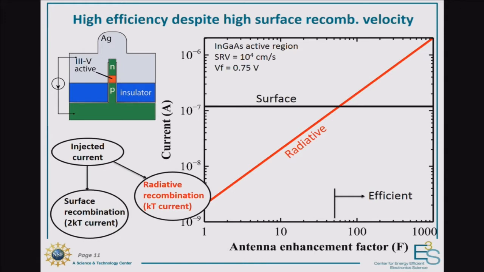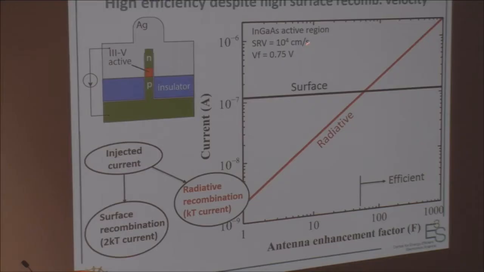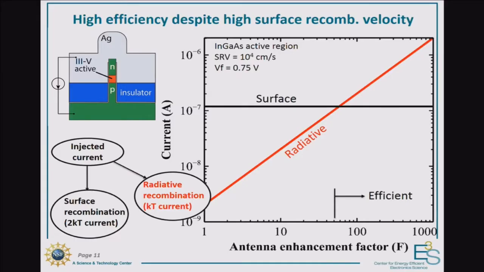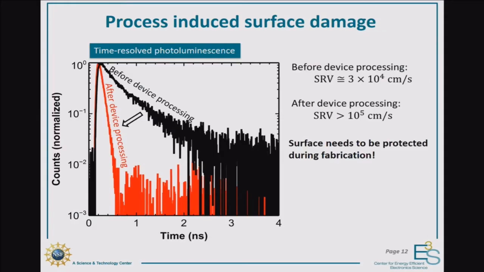You need about a 50 times or so enhancement of the spontaneous emission rate, and I've already showed you that we can achieve this. So why haven't we seen the efficient device yet? It turns out that even this relatively high surface recombination velocity is difficult to maintain when you make a device.